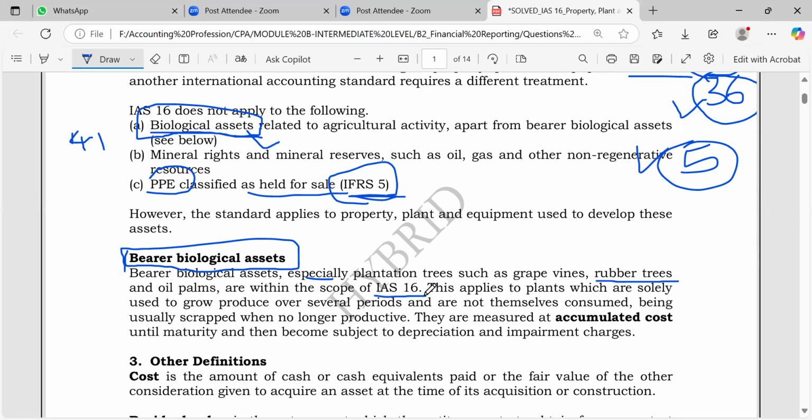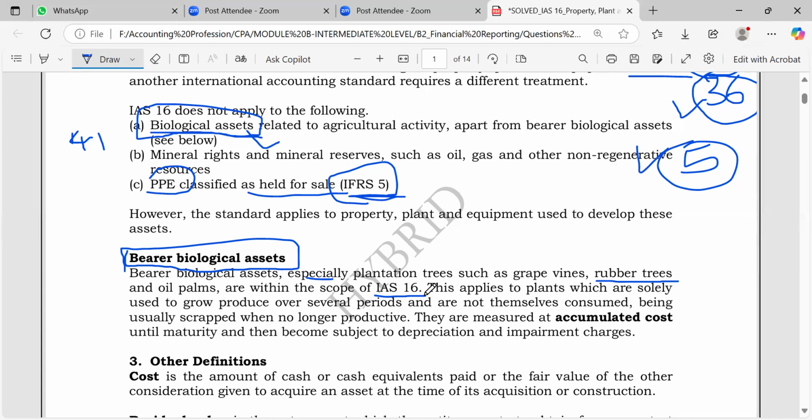So when you want to recognize something in the books, you have to know the cost, the amount at which to recognize it. You cannot say I have a vehicle in the books and you don't know its weight. If you don't know its weight, then there is no point putting it in the books because you won't have any figure there.